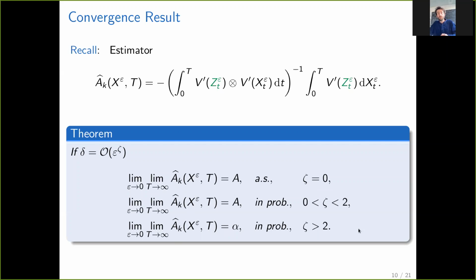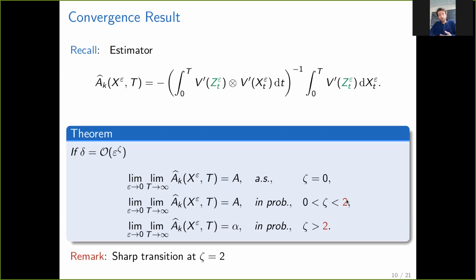And finally, if you take zeta bigger than 2, so you're filtering too little, because it means that the filtering width is very small, for example epsilon to the power of 3, you're basically not filtering the data. Here you put x more or less, and therefore you go back to the previous estimator, and you converge to alpha, which is the drift coefficient of the slow scale component of the multiscale potential, which is something we don't want.